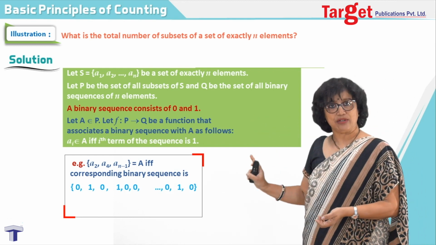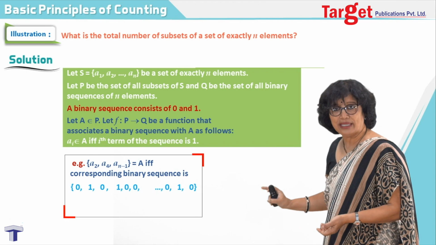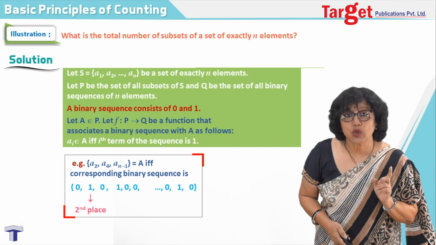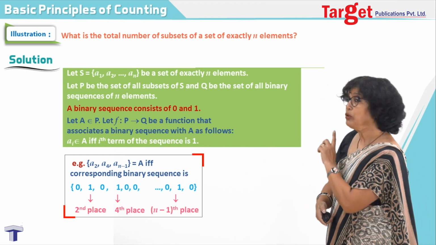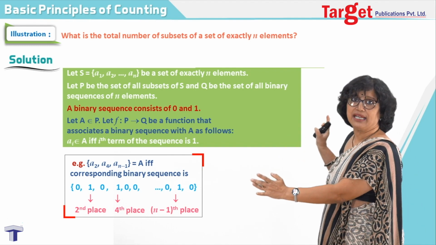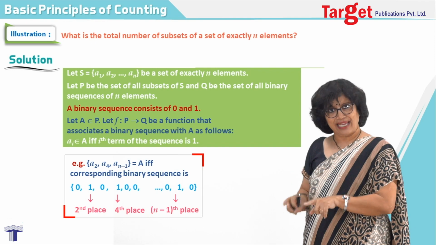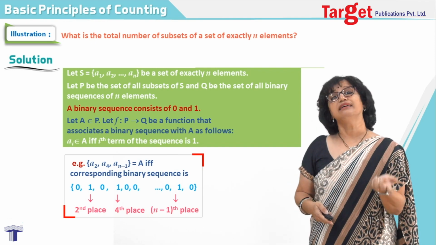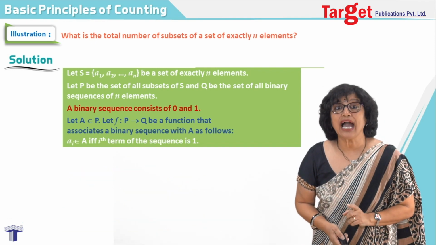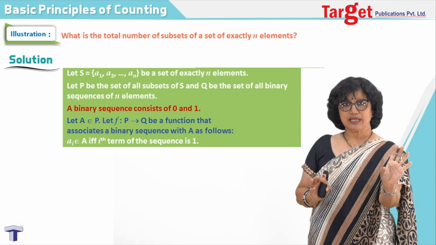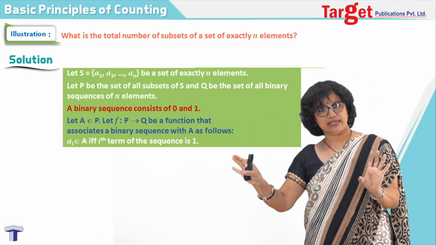At the second place I have to write 1, at the fourth place I have to write 1, and at the n minus 1th place also I have to write 1. So my sequence would be something like this, if the set of these three elements A2, A4, AN minus 1 is in set P. So this way I will be writing subsets on one side and sequences on the other side, correct?